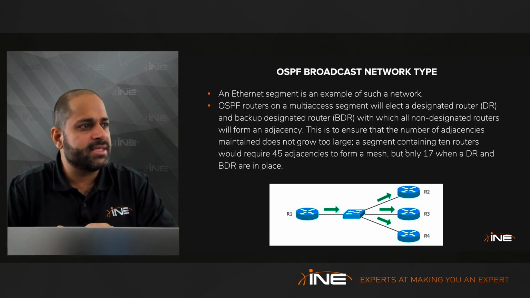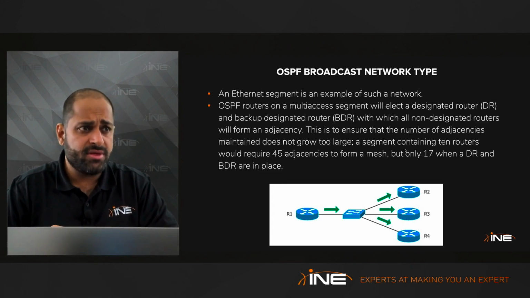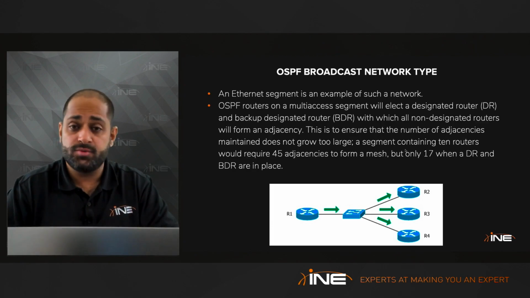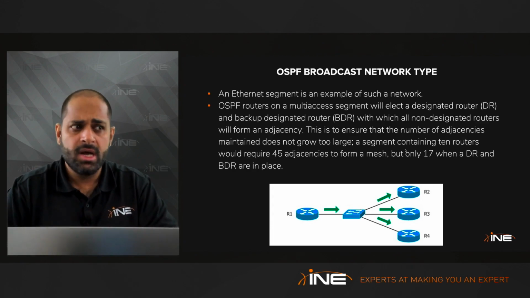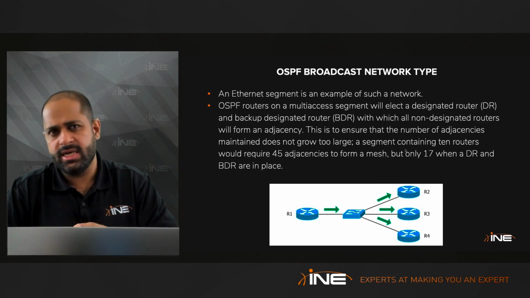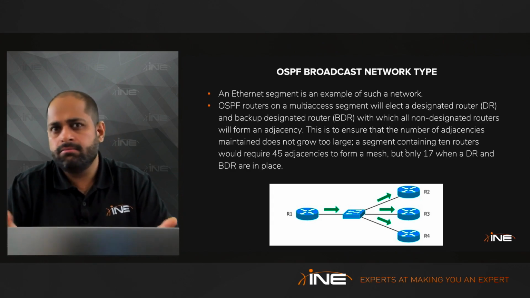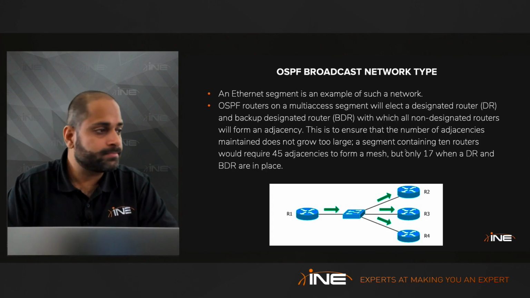It says that to ensure that the number of adjacencies maintained does not grow too large, a segment containing 10 routers would require 45 adjacencies to form a mesh, but only 17 when a DR and a BDR is in place.